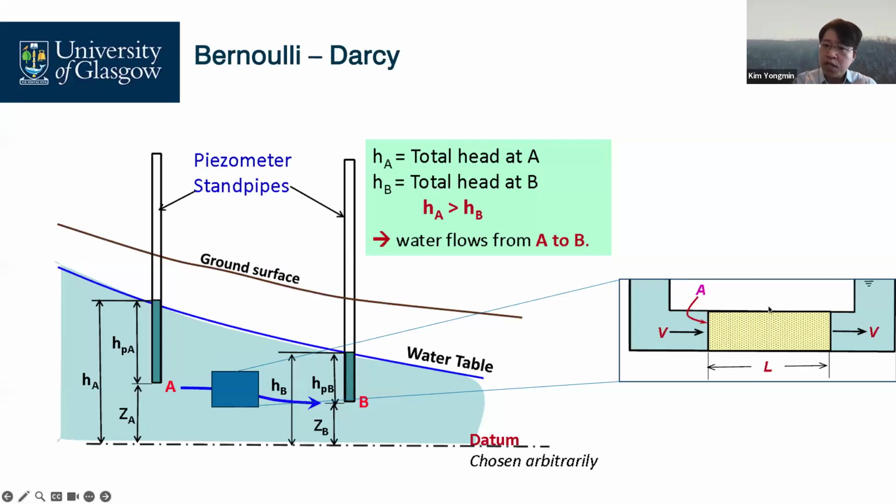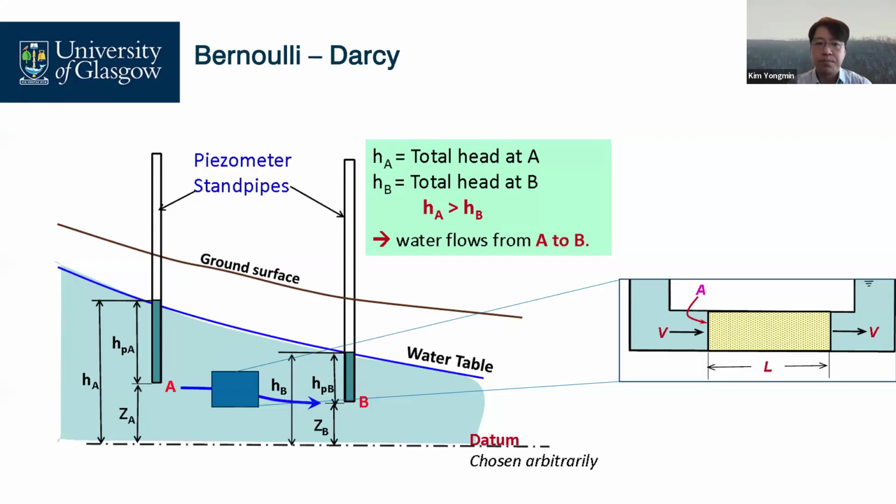Since the velocity in soil is small, the Bernoulli equation reduces to pressure head plus elevation head, and Darcy's law then quantifies flow caused by these head differences.